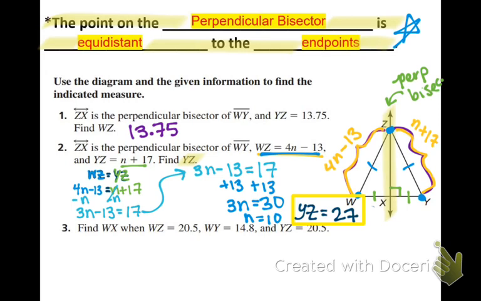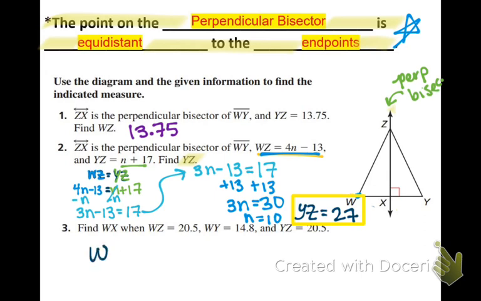Alright, the last one, I'm going to erase the picture so that you can see better. I'm going to plug in what they gave us to find WZ, WX. That's what our final answer should be.